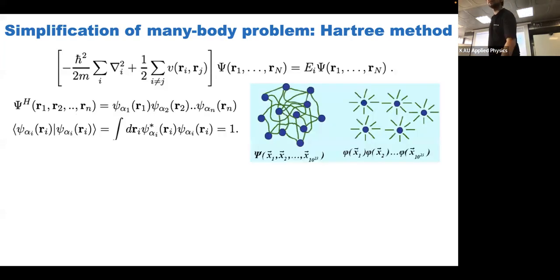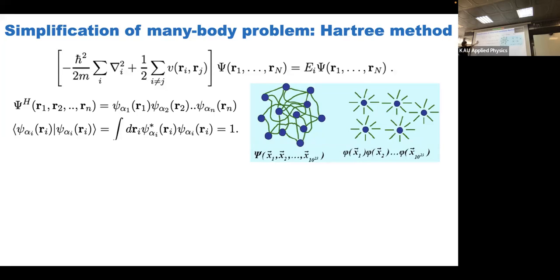And by doing like this, you take this complex system with a lot of complex interactions, and you split it into independent particles, which move in some field created by other particles. So this thing is also called self-consistent field. And last time in practice we have done some self-consistent field calculations, and today we will continue these calculations.